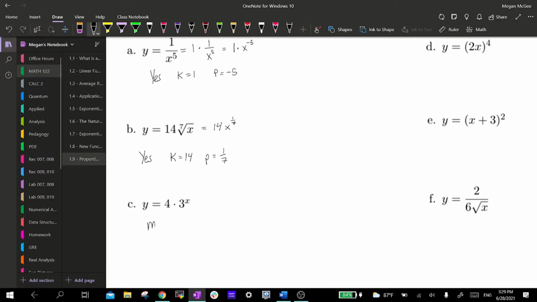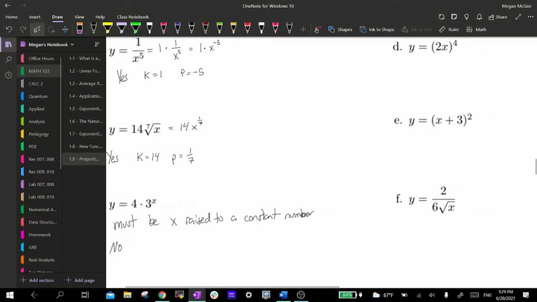So it must be x raised to a constant number. All right, that being said, this is not a power function.